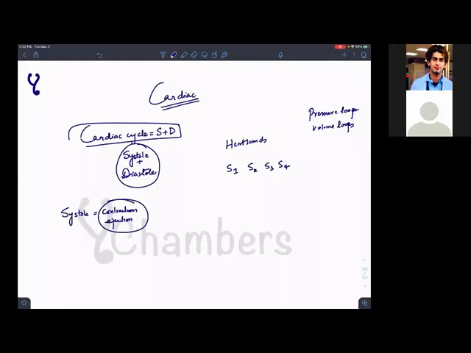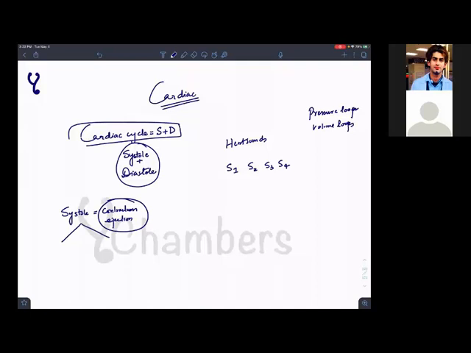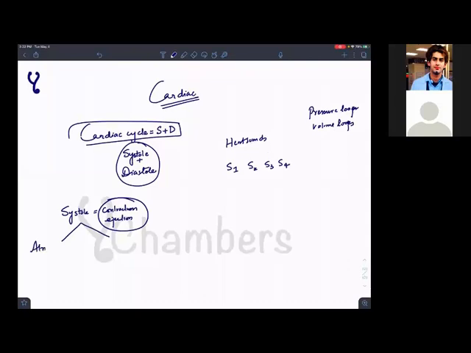Contraction of heart musculature and ejection of the blood. This systole can be divided into two: one is atrial systole, one is ventricular systole.